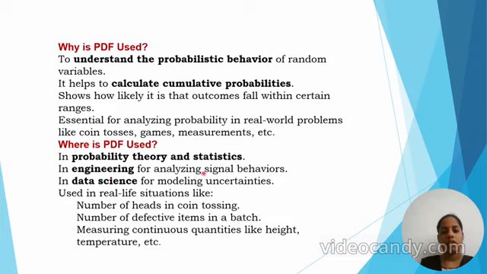It is also used in data science and real-life situations like the number of heads in coin tossing, the number of defective items in a bag, and measuring continuous quantities like height and temperature.